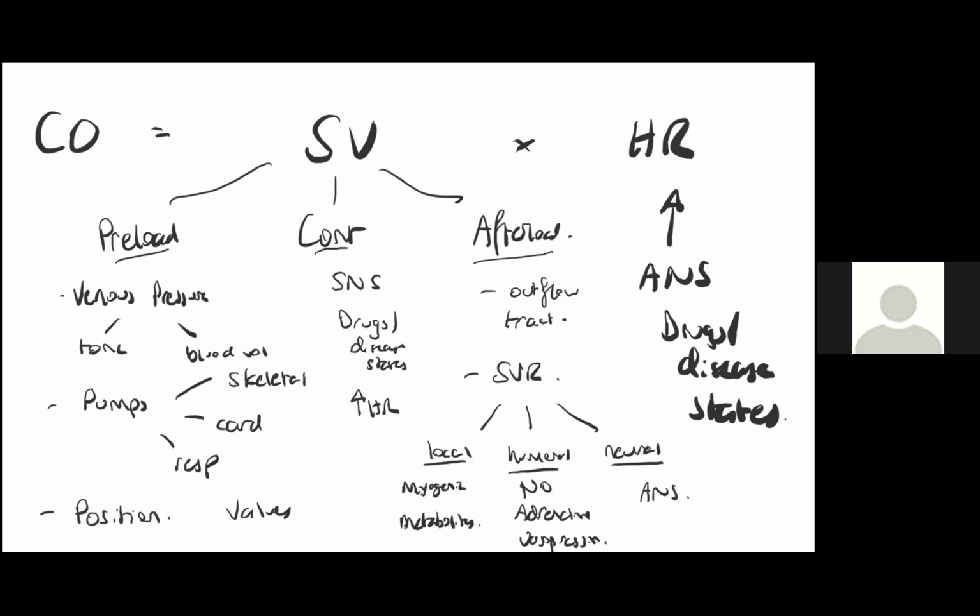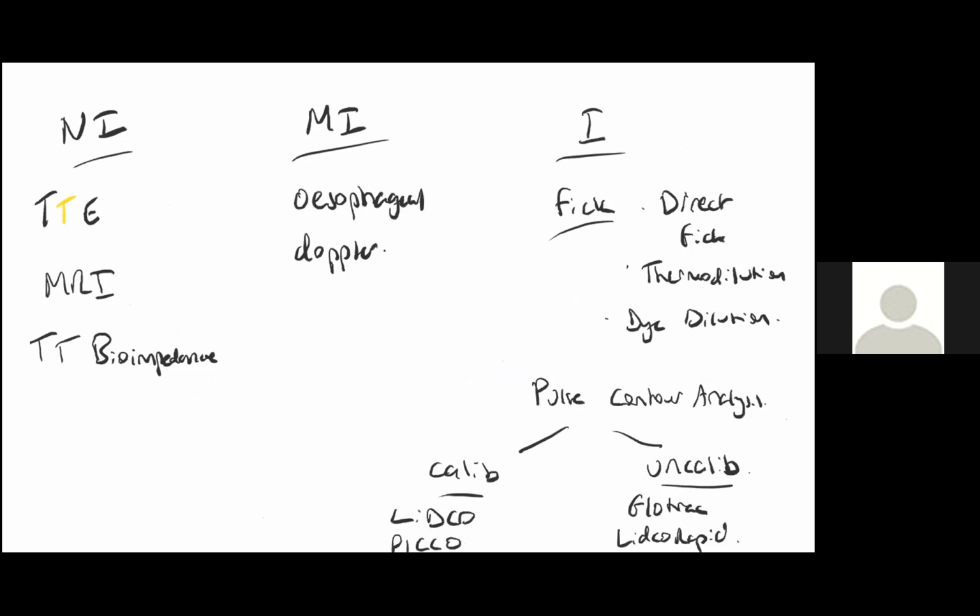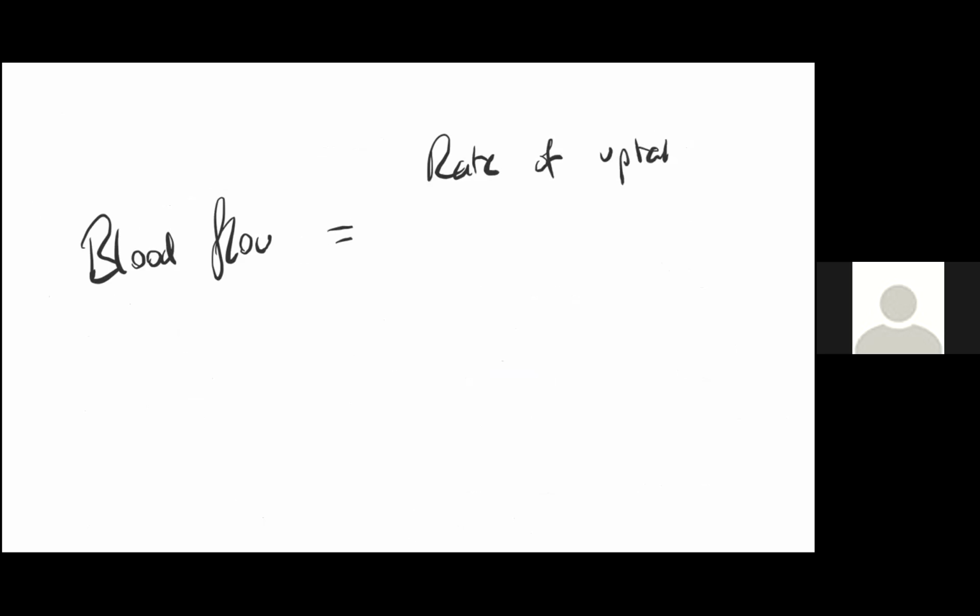What's the Fick principle again? The Fick principle is that the flow to an organ is the rate of uptake divided by the arterial-venous difference. Is there another way of writing it? There probably is. That's the way I learned it.